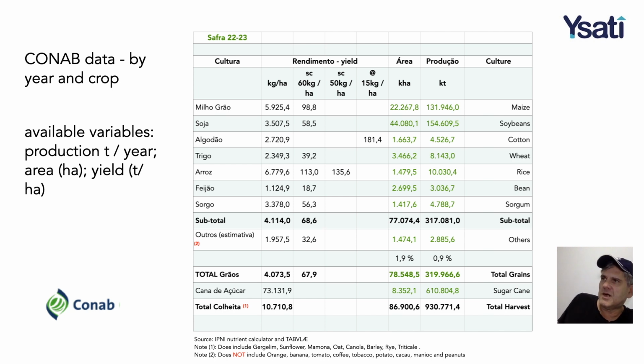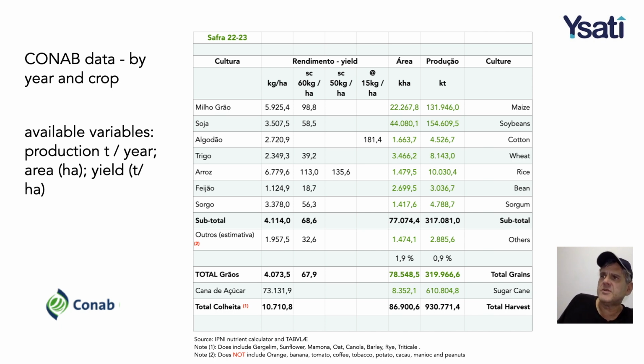So these are the crops which I follow, but the seven main grains are corn, soybeans, cotton, wheat, rice, beans, and sorghum.